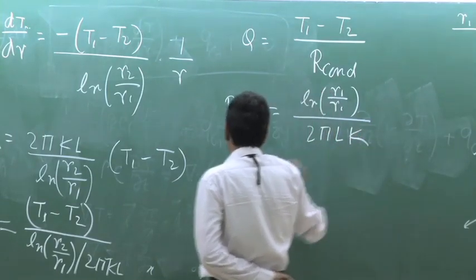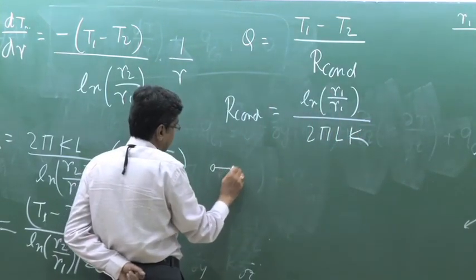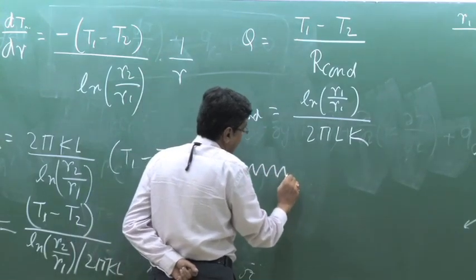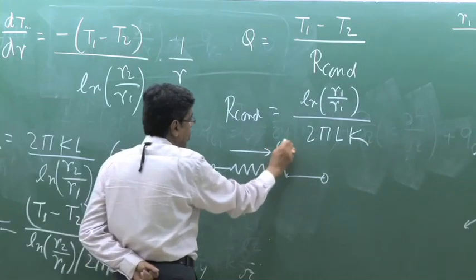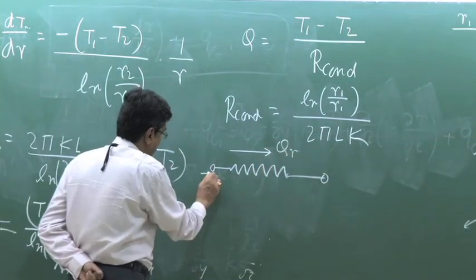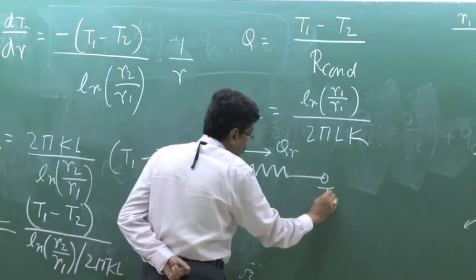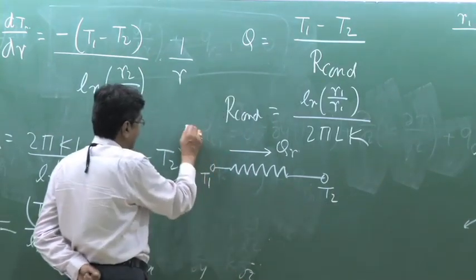That means this can be represented by an electrical analogous circuit like this: this is the Q in the radial direction, this is T1, this is T2, two potentials, T1 is greater than T2.